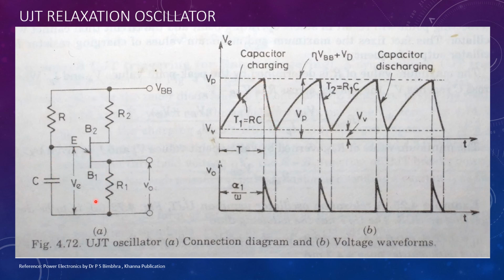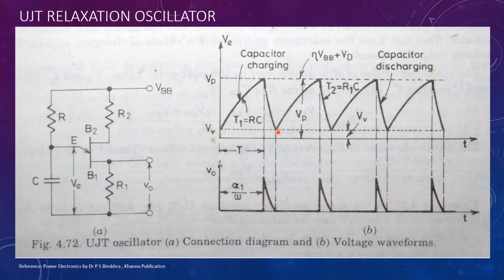Since the capacitor is discharging in this region, the voltage across R1 is the discharge part of the capacitor. Therefore, the output voltage is the discharge part of the capacitor. When the capacitor voltage reaches the valley point voltage, the UJT turns off.